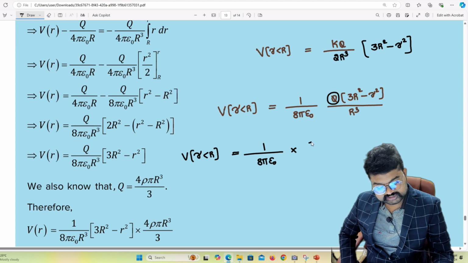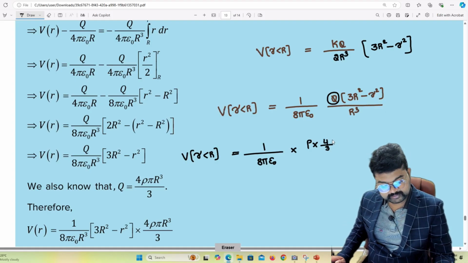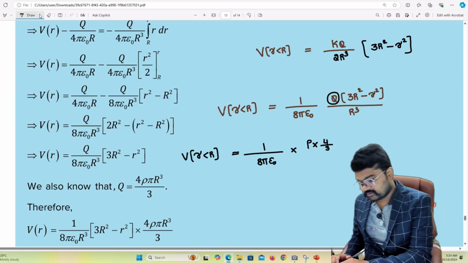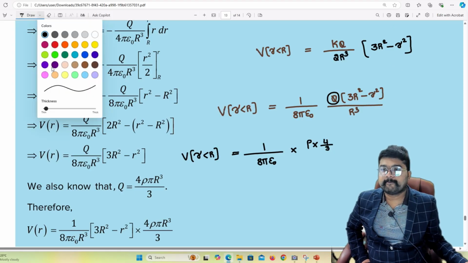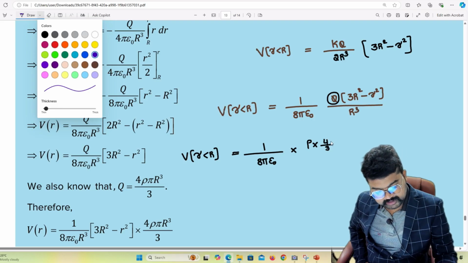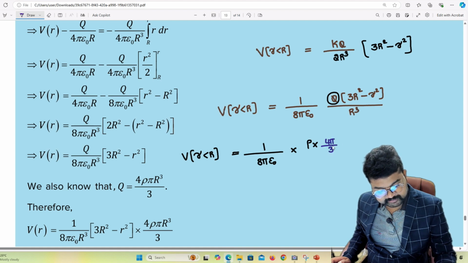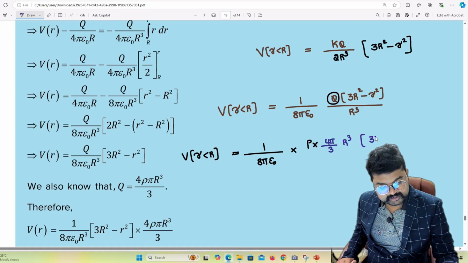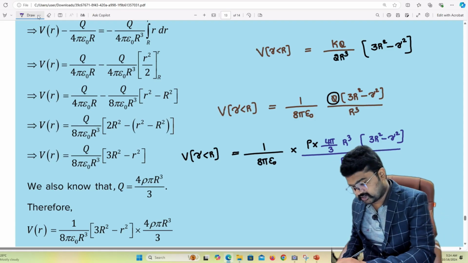In place of q, we can substitute rho into 4 by 3 pi R cube, times 3 times R square minus r square, by R cube. Then finally how much are you getting here?